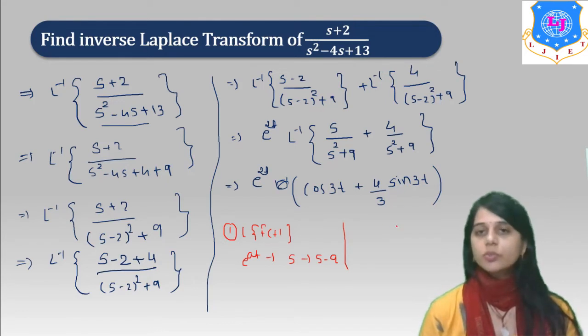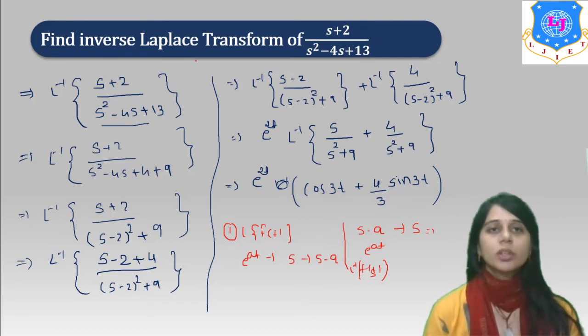So the inverse first shift theorem is vice versa. We have s minus a formation, we are converting into s. To convert to s, we are multiplying with e raised to at. And after that we get f of s, and we are applying inverse of F of s. Okay. So what we do here, see, s plus 2 upon s square minus 4s plus 13. We are taking part of the 13, 4 plus 9. So it is s minus 2 whole square plus 9. Okay.